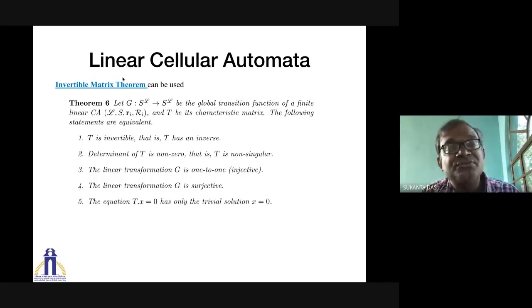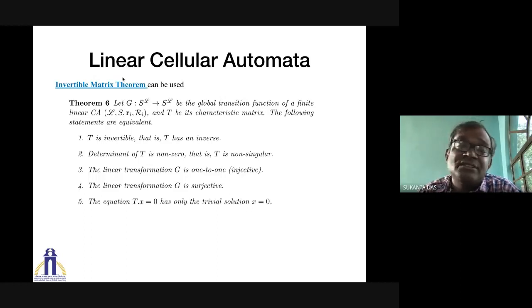If the CA is surjective, then it is injective. And number 5 is that T times x equal to 0 has only the trivial solution x equal to 0. So these 5 statements are equivalent.